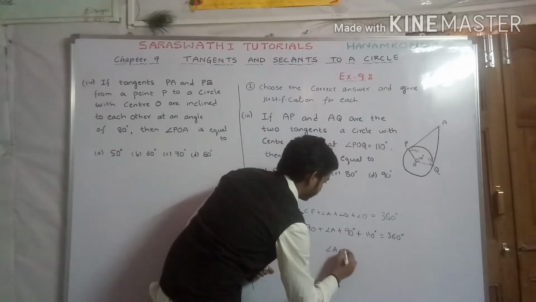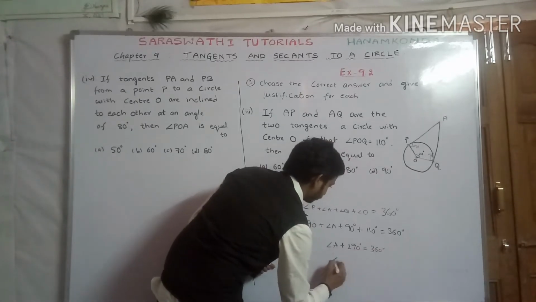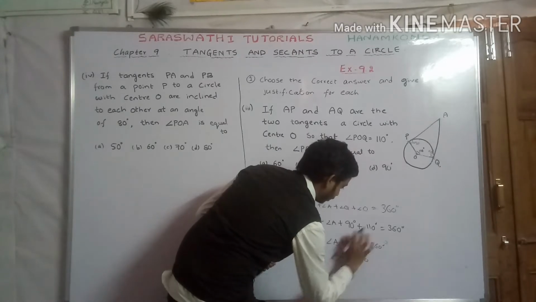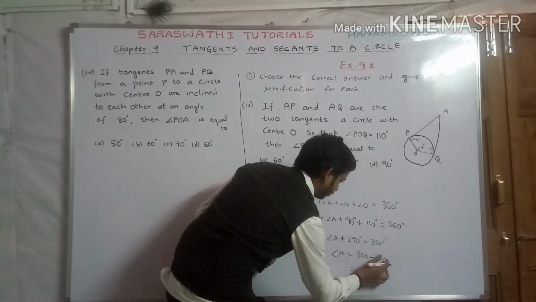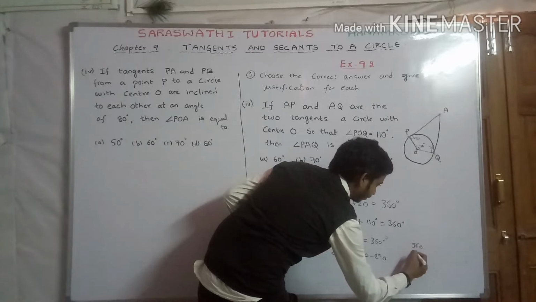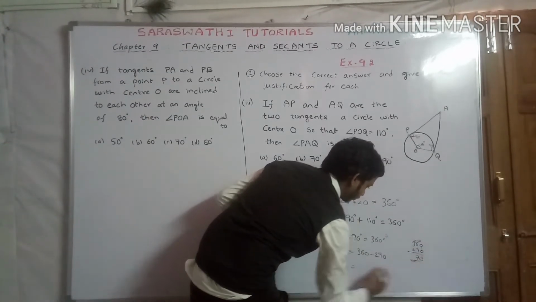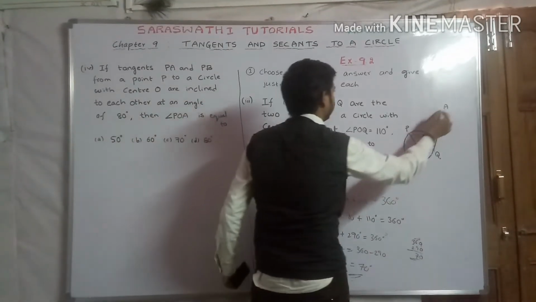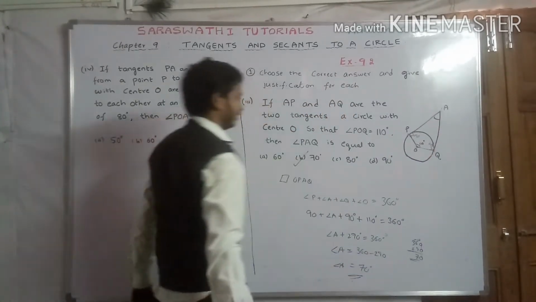So angle A plus 290 degrees equals 360 degrees. Shifting 290 to the right side, angle A equals 360 minus 290, which is 70 degrees. So angle PAQ is 70 degrees, and option B is the answer.